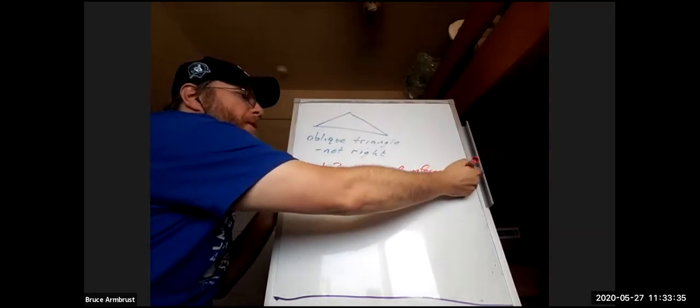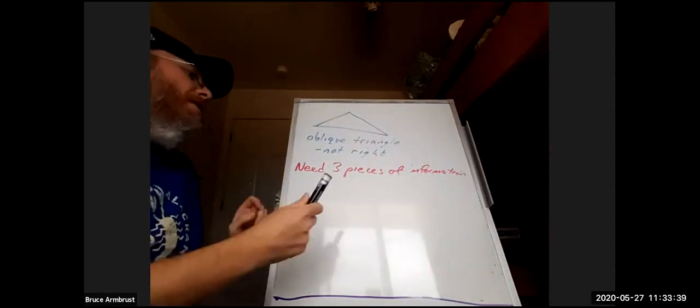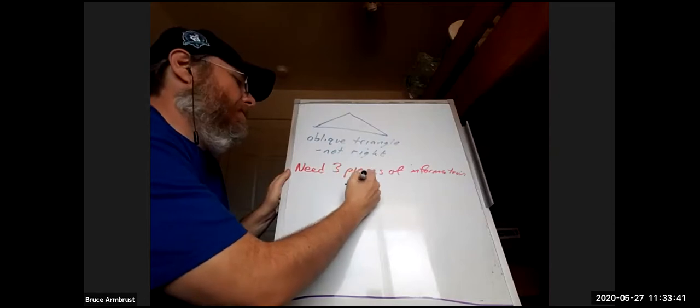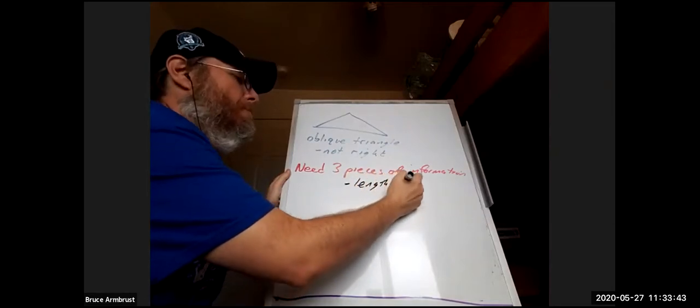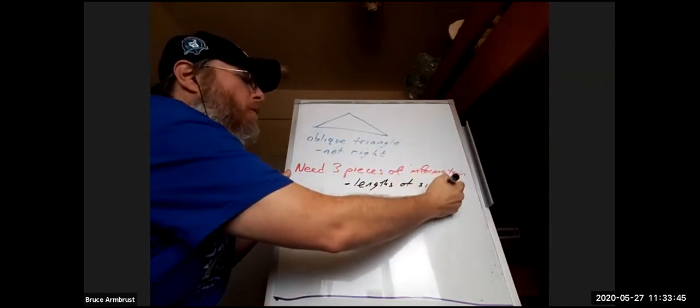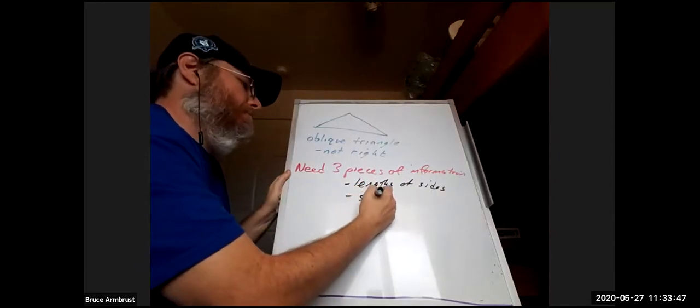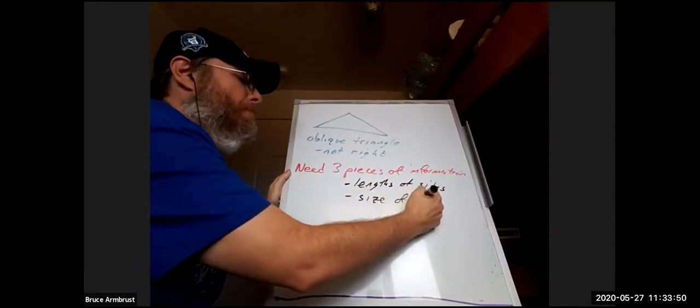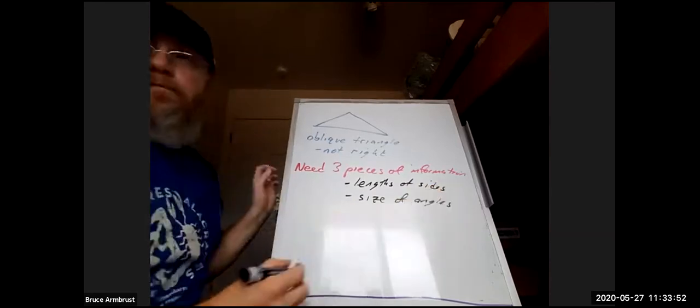When I say pieces of information, what I mean are either lengths of sides or sizes of angles. So we're going to need to know 3 pieces of information.